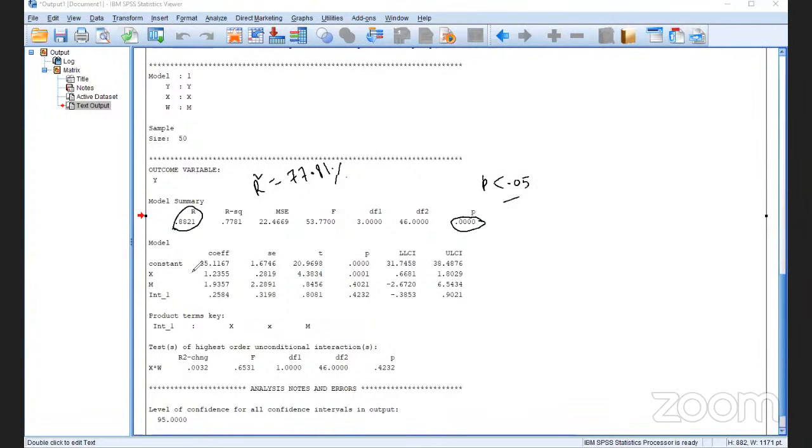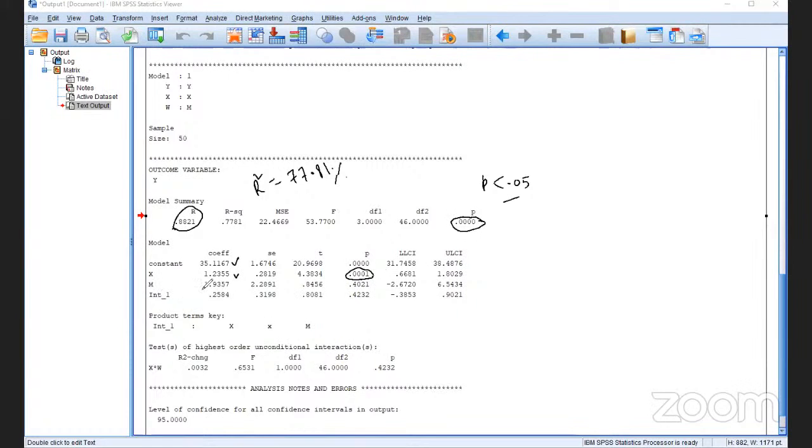Now model 1, this is our coefficient, intercept. Another is the independent variable X, and the p value of this. What is the p value? P value is 0.0001, means less than 0.05. It means significant difference.